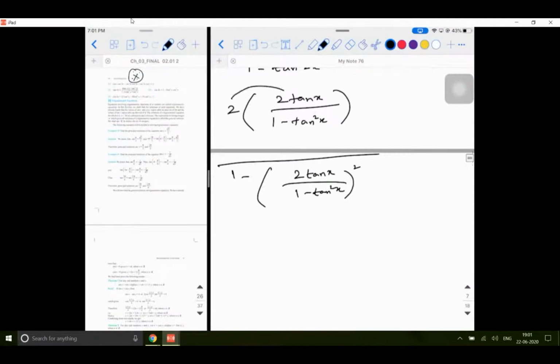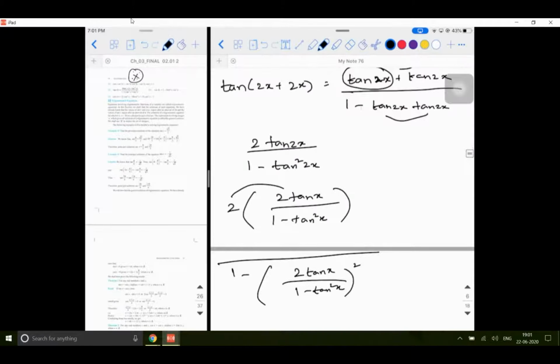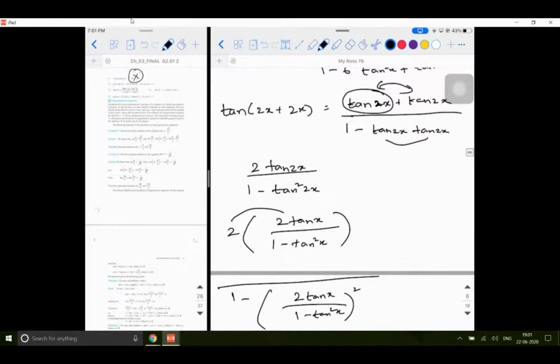So this 2 into 2 is going to give me a 4. Just a minute, sir, please write a little bit higher. The previous step. Yeah, I'll do that. Is it better? So you understood what I did? It is tan 2x plus tan 2x by 1 minus tan 2x into tan 2x. Clear?